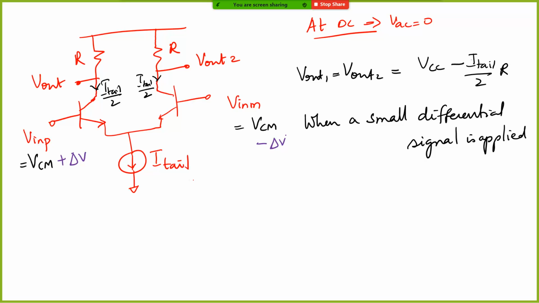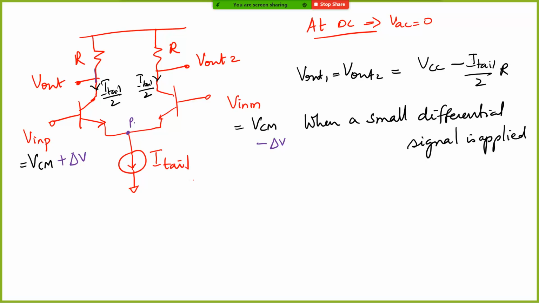For example, let's say your VCM is 1.5 volt, and you are adding 1 millivolt on one side and subtracting 1 millivolt on the other side. Now what will happen to the current I1 here? First of all, because these are equal and opposite, this node P does not change. This is what is called a virtual ground. This node does not react to differential signals.